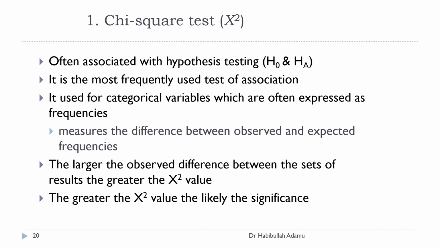So let's look at chi-square test. We say chi-square test is often associated with hypothesis testing and is the most frequently used test of association. Rarely will you see an analysis that involves testing of association that will not use chi-square test. However, it should be noted that it is for categorical variables. So it measures the difference between observed and expected frequencies.